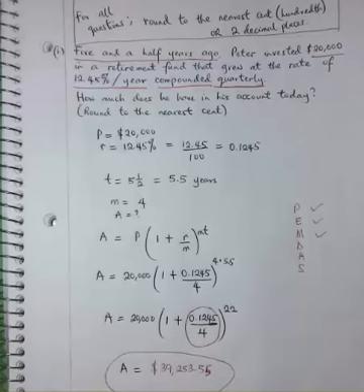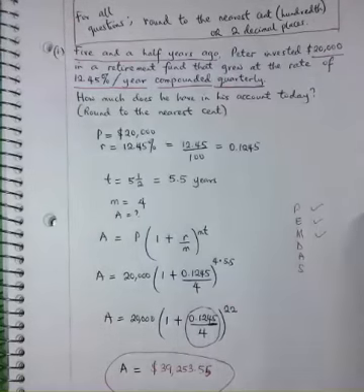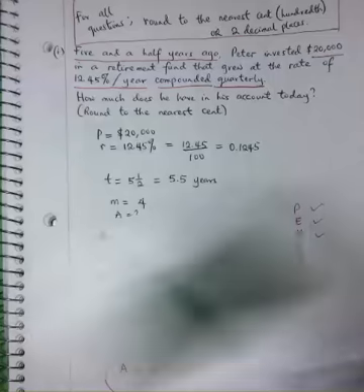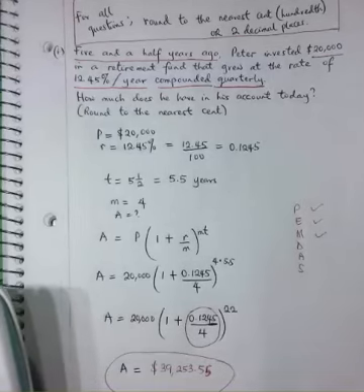Now, if they asked you what was the compound interest that he accrued, then it will be A minus P. You have to use the original unrounded value here, minus the 20,000, and that will give you the compound interest.